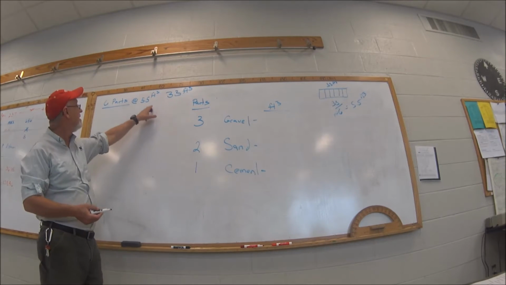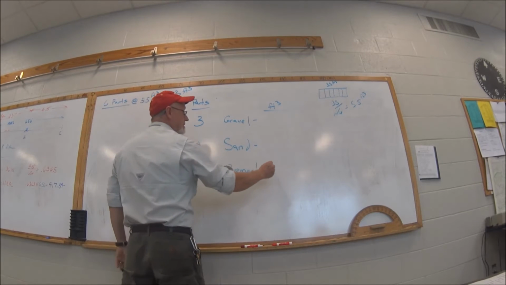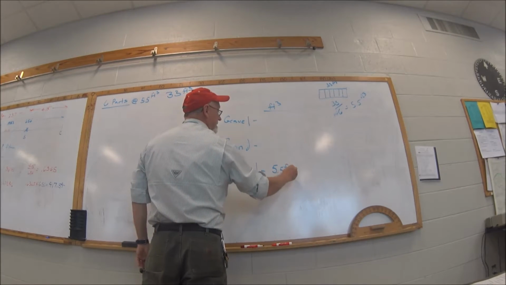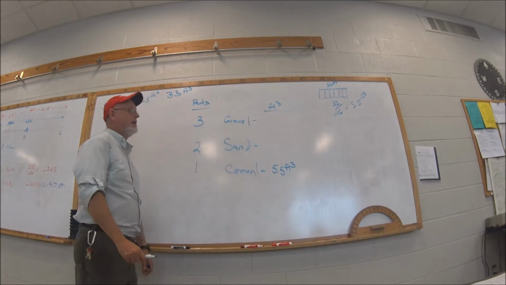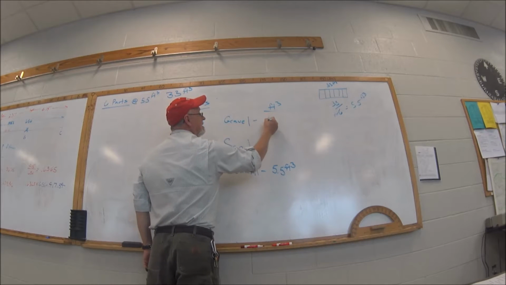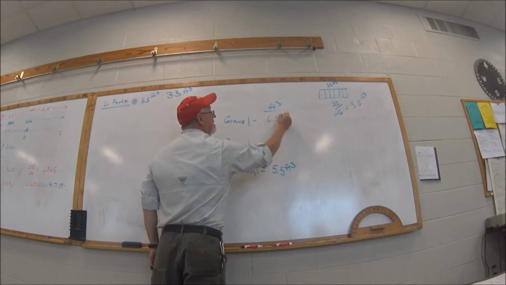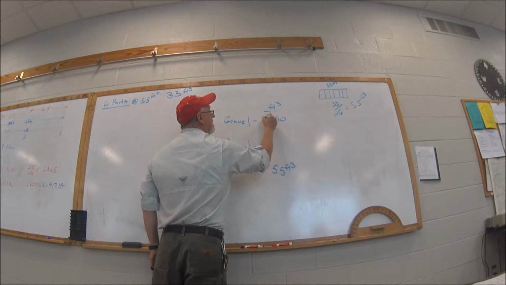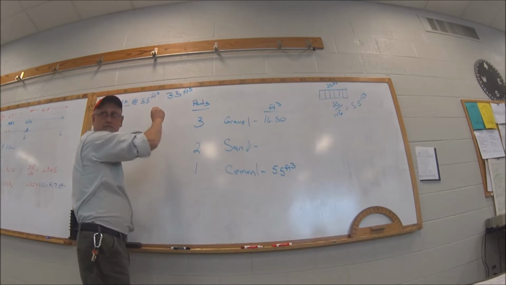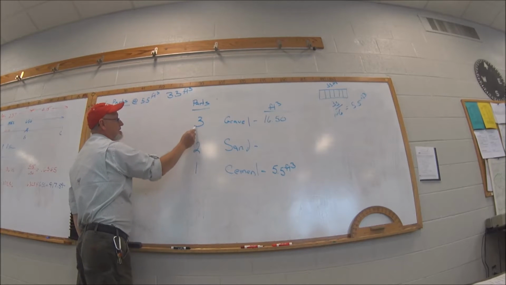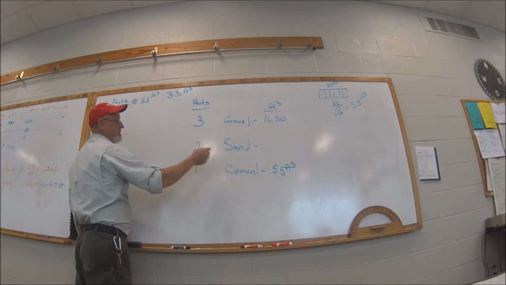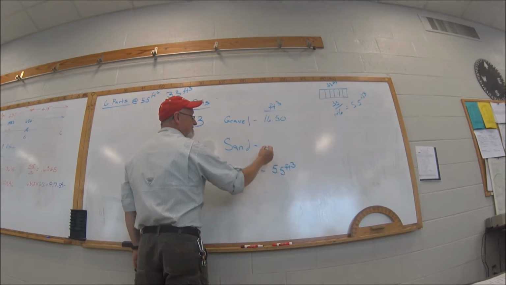There's 1 part there. First one's 16.5. How'd you get that, Nick? 5.5 times 3. That's what a part equals, times 3, 16.5. There's 2 in that one. 11. Twice of that, right? 11.